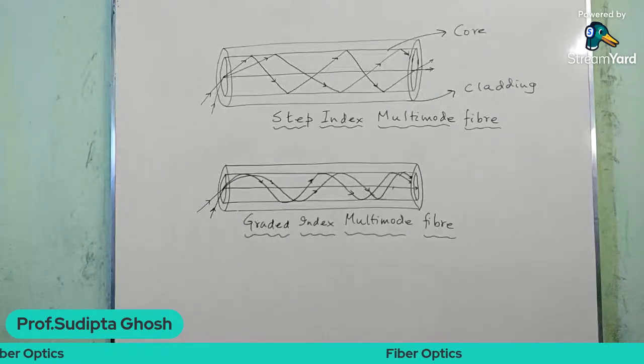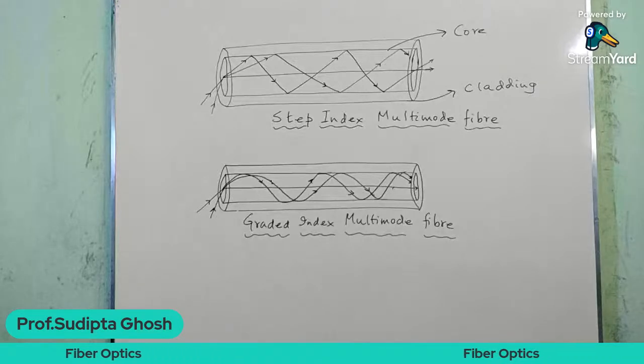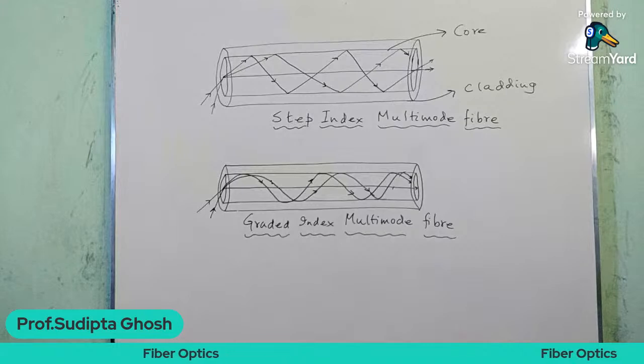But if the diameter of the fiber becomes of the order of the wavelength of the optical signal, then the wave nature of light cannot be neglected, and light travels as an electromagnetic wave along the fiber, similar to microwave propagation along a waveguide.